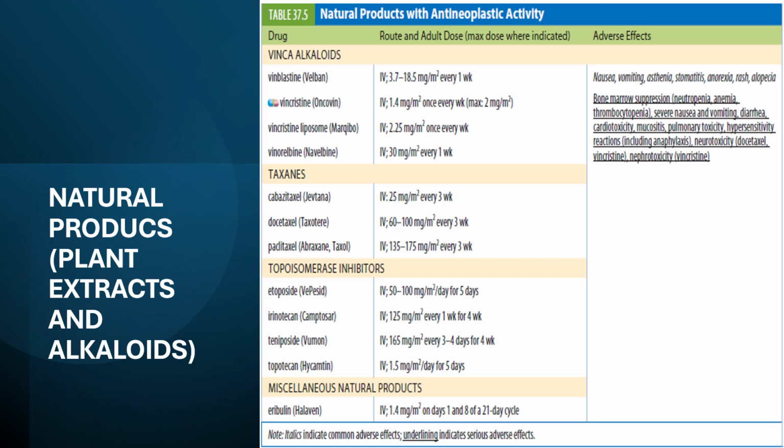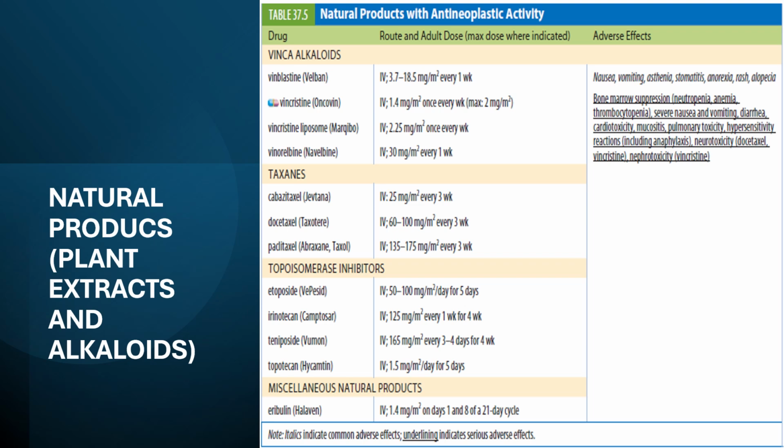Etoposide is approved for refractory testicular carcinoma, small cell carcinoma of the lung, and choriocarcinoma. Teniposide is approved only for refractory acute lymphoblastic leukemia in children.